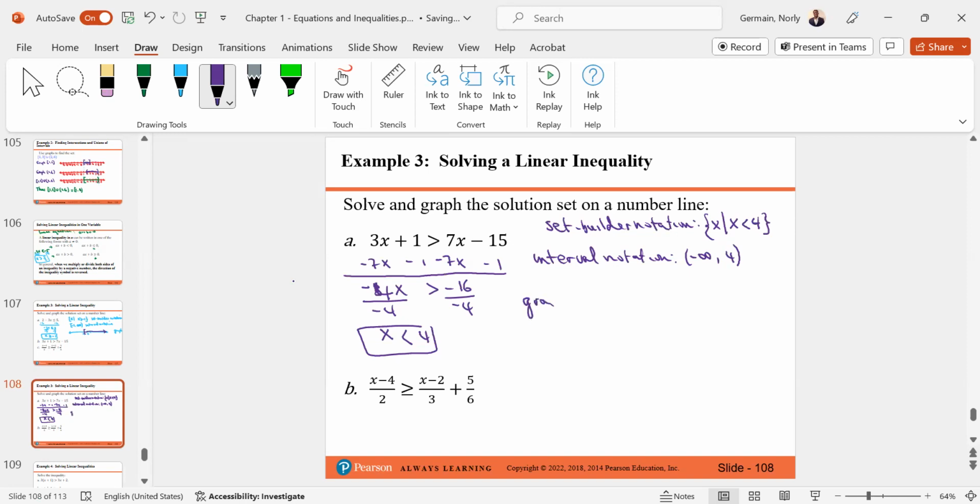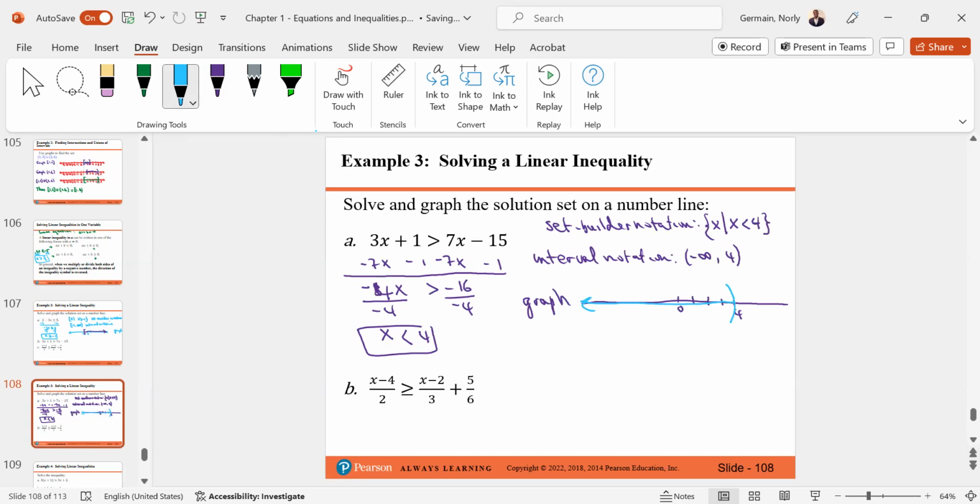Now, how to graph it? On a number line where you have 0, 1, 2, 3, and 4, how are we going to represent that? Up to 4, not included, that's a parenthesis, and I show we go toward negative infinity. That's the graph.